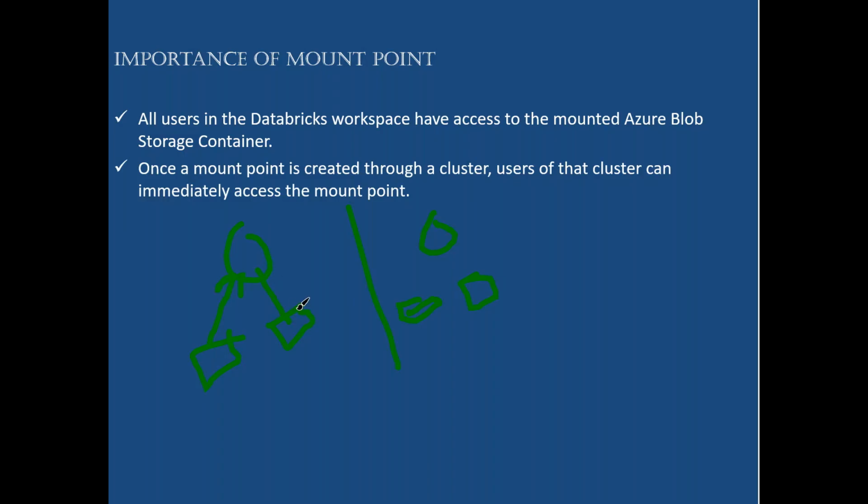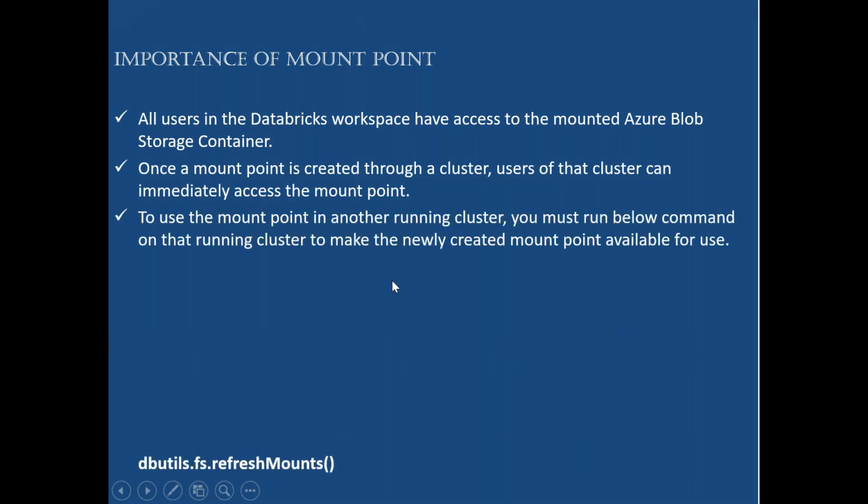So this notebook can immediately access that mount point, but these notebooks can't access this mount point immediately, because I just created it. To make it reflect immediately, you have seen something called dbutils.fs.refreshMounts, which you can do to make the same mount point available to other clusters quickly. Okay.